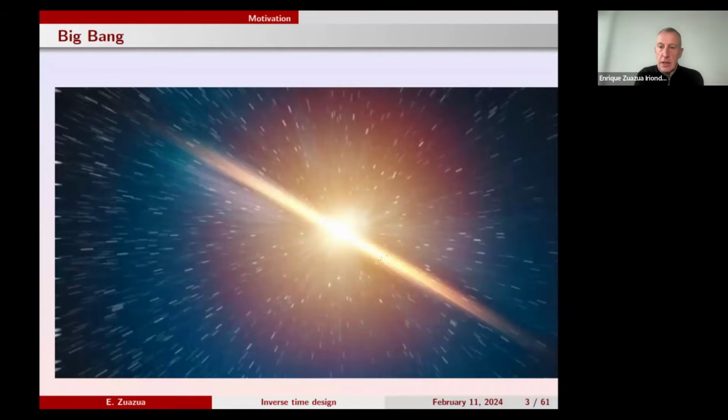So, specific examples where this very issue of inversion with respect to time arises in this broad context. Probably the first and the most relevant example will be the Big Bang, right? When people do research about the origin of the universe, somehow they are solving a differential equation backwards in time, right?